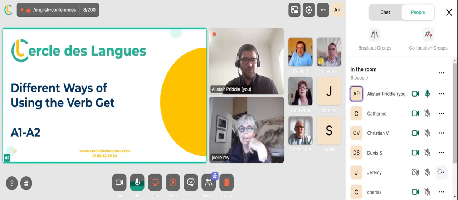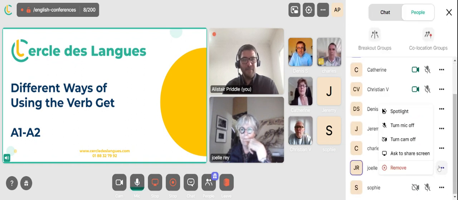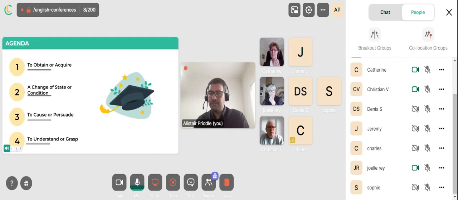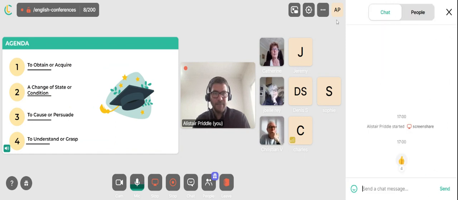It is called Different Ways of Using the Verb Get. Okay, so let's have a look at our first page. We're going to have a look at the verb get today.